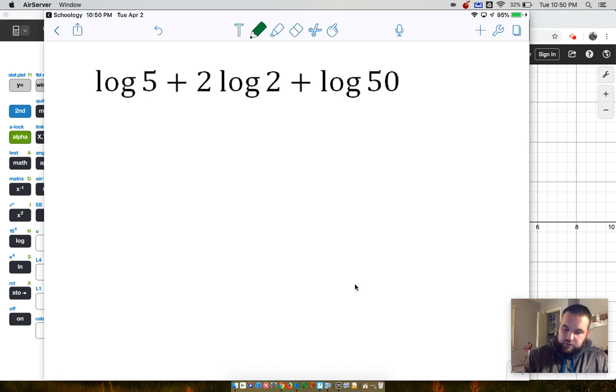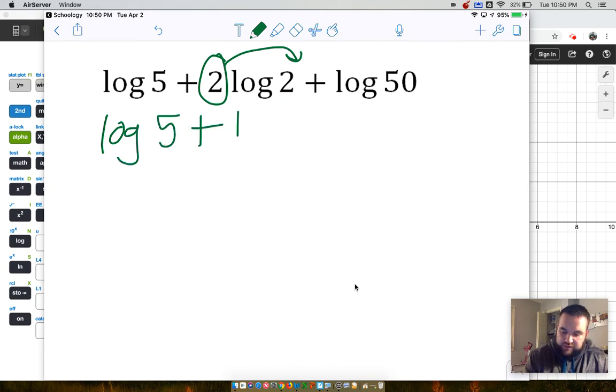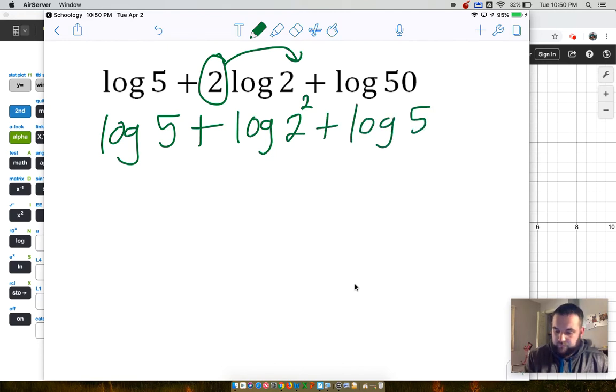What I'm first going to do, anytime you're condensing this down, is get rid of coefficients and put them up as powers right away. So I'm going to rewrite this as log 5 plus log of 2 squared plus log of 50. So 2 squared is 4, right? If I just look at combining these first 2 logarithms, you could combine all 3 at the same time, but I'm just going to go 2 at a time.